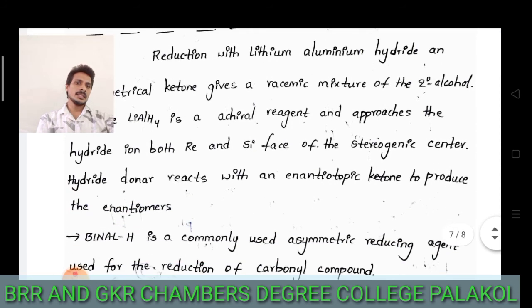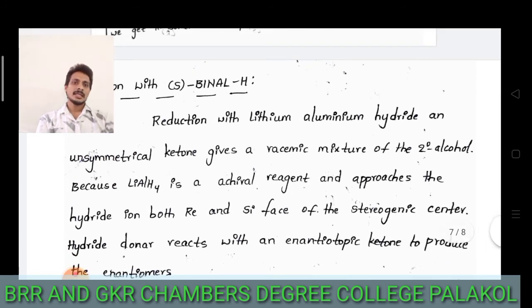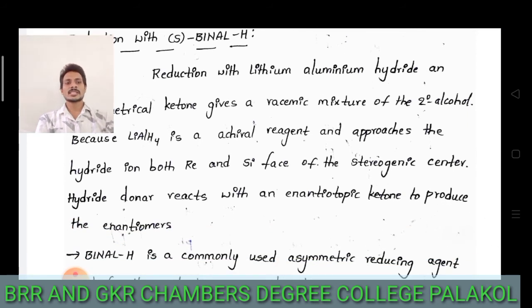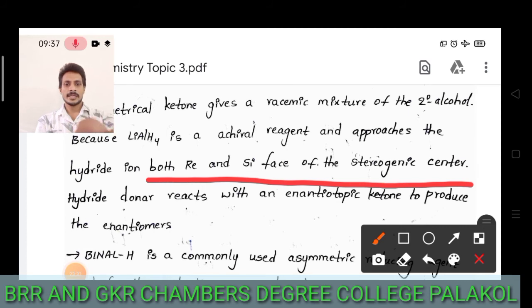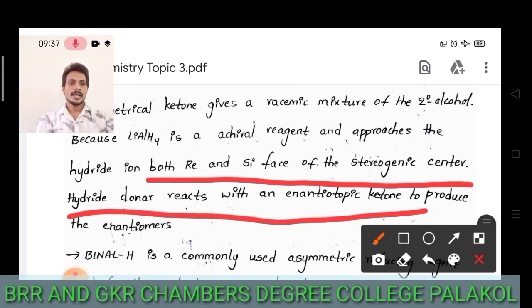Generally, lithium aluminum hydride is an achiral reagent which on reaction with carbonyl compounds produces equal amounts of enantiomeric products. Reduction of an unsymmetrical ketone with lithium aluminum hydride gives a racemic mixture of secondary alcohols, because the hydride approaches both faces, both Re face and Si face, of the prochiral center.